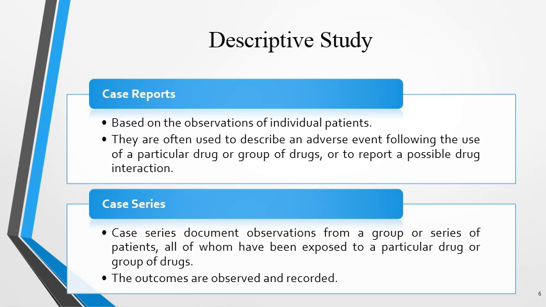So we will report that adverse drug reaction or drug interaction, or there may be a combination of drugs that were used for the group of patients, and because of the use of that combination of drugs, a new adverse drug reaction, a new toxicity, a new drug interaction was found that was never reported before.